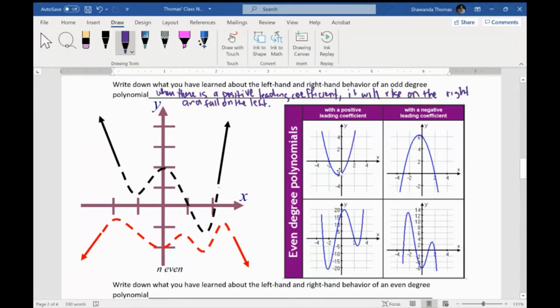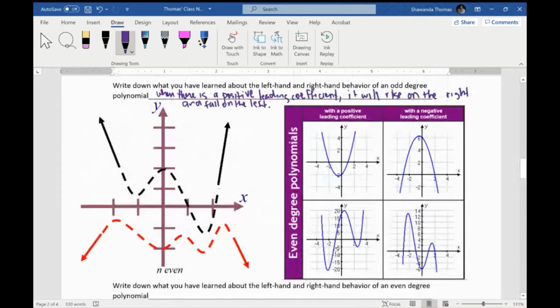Now this one down below it, how do I still know that it's an even degree polynomial? Because notice, both ends are doing the same thing. If they were doing different things, I know it would be an odd degree polynomial. But since it's rising on the left and rising on the right, I know that this degree is even. Similarly, with a negative leading coefficient, both ends are doing the same thing.